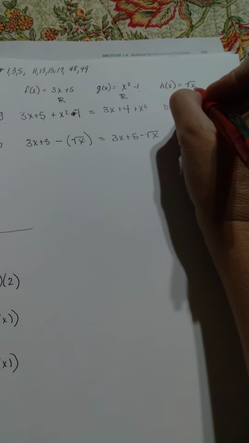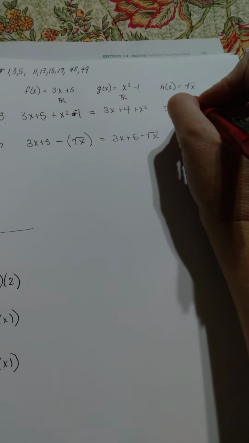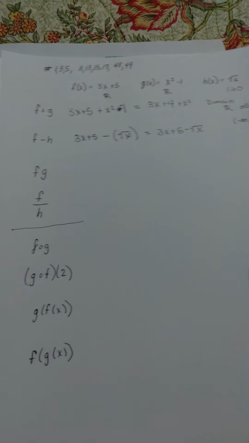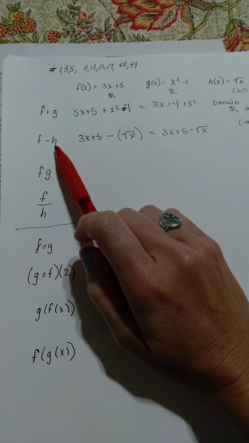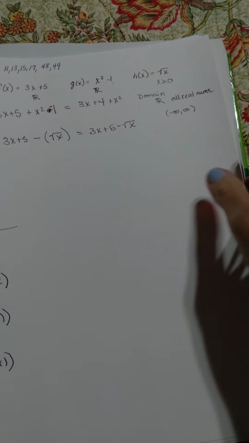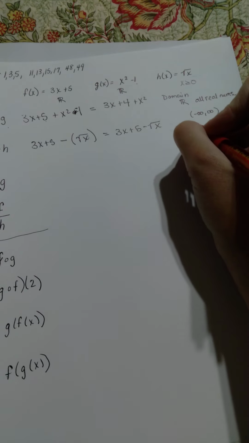So here, all of this has to be just positives, or the x is greater than or equal to 0. So the domain of f is all real numbers, and the domain of h is anything above 0. So what they have in common, the numbers that are in both, are the numbers greater than or equal to 0.